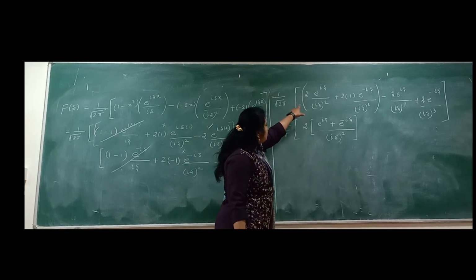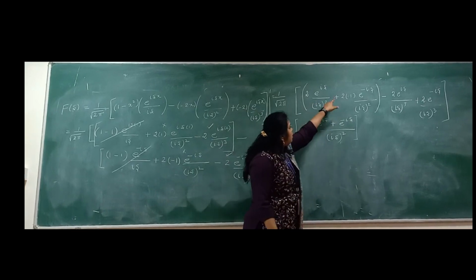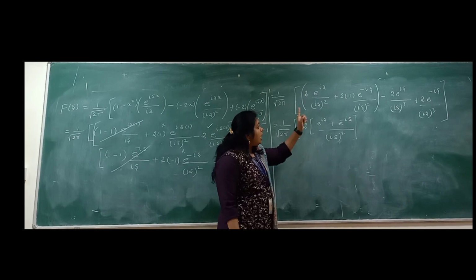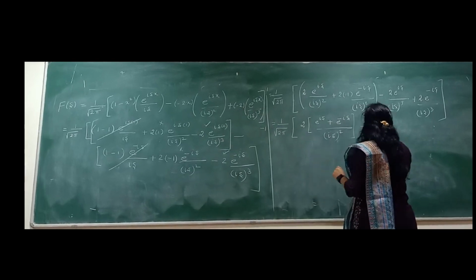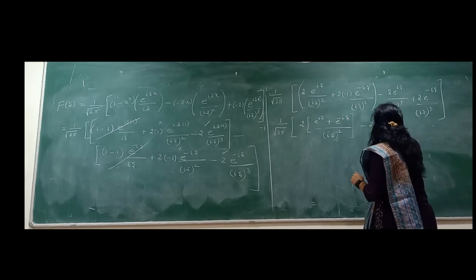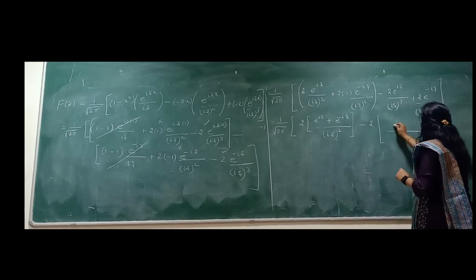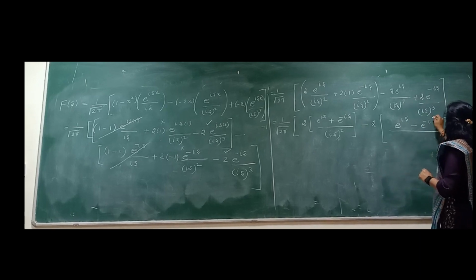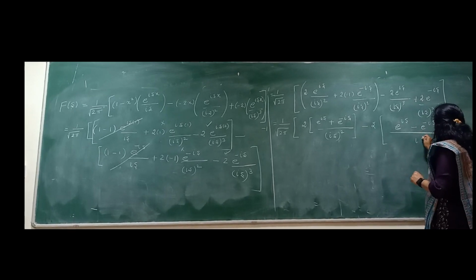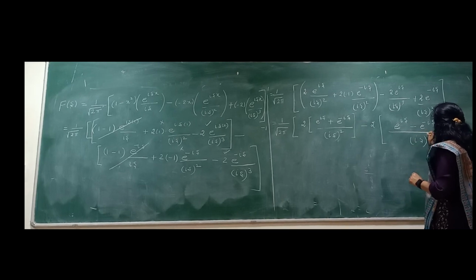All of you know that 2 we can take it outside and add the numerators, because of the common LCM. Here we will take minus 2 outside. So what will I get? e to the power is minus e to the power minus is divided by is the whole cube.